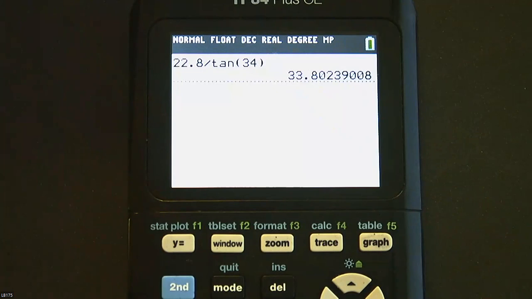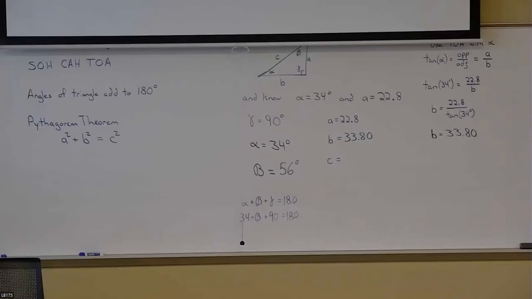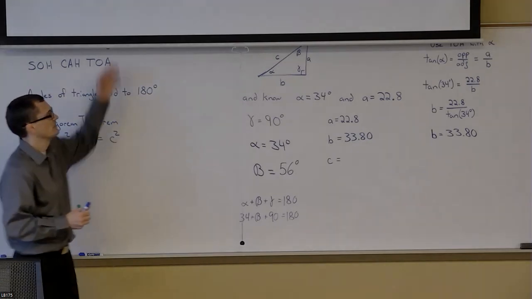Is that okay? So just make sure your calculator is in degree mode when you do that. With triangles, we're usually in degree mode. With unit circles, we're usually in radian mode. Okay, usually.